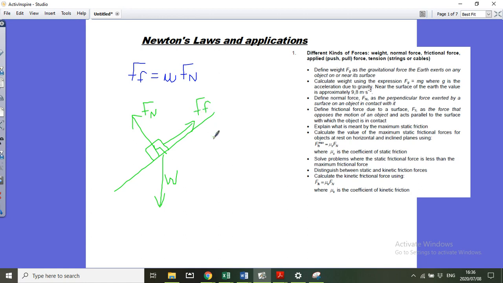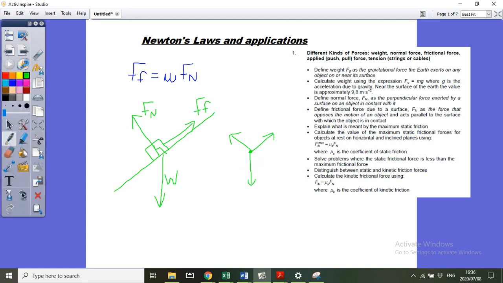So if we ask you for a free body diagram, all you're going to draw is a little dot with your frictional force, your weight, and your normal force. And I've said this so many times, leave it clean. Do not go and put components in there, because that's what you get your 3 marks for, with labels, obviously.